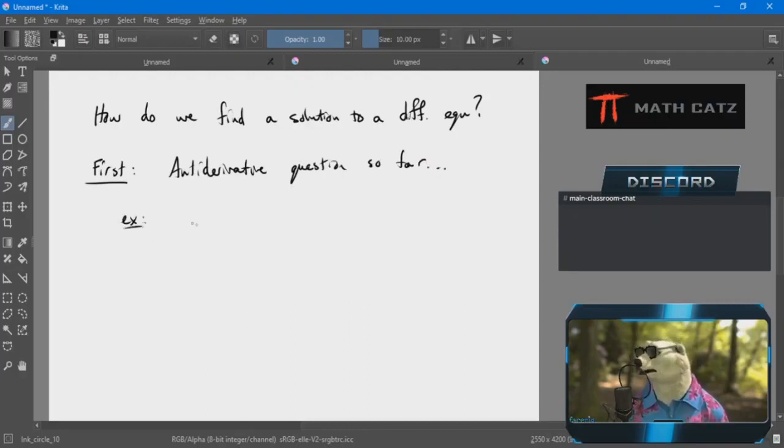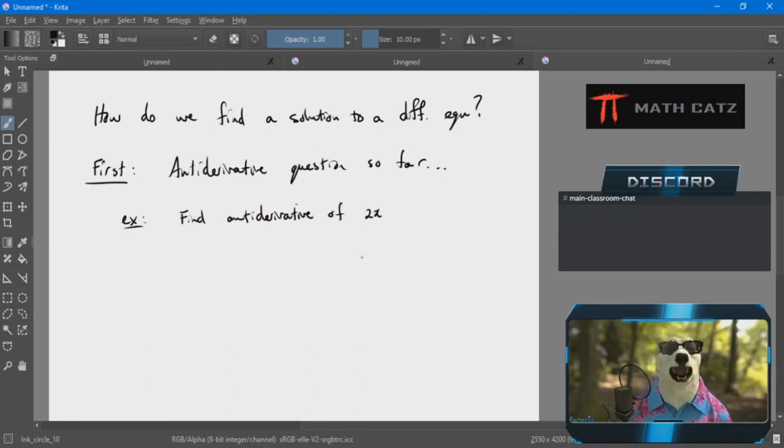For example, I could have said, I'm thinking of a function, let's say here, find the antiderivative of, let's keep it super simple, 2x.